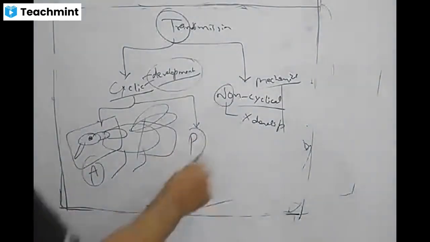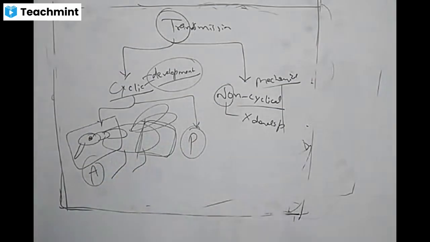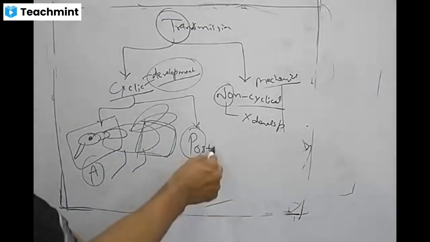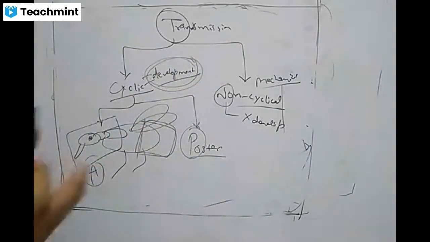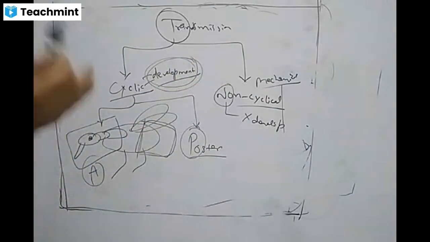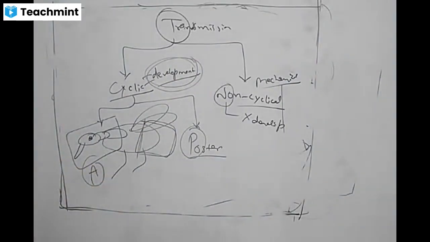And if it is in the hindgut or hind portion, we call it posterior development. This is nothing but a development of the parasite, where your promastigote or amastigote, all these stages multiply inside the body of your vector. That may be Tabanus or that may be Phlebotomus.